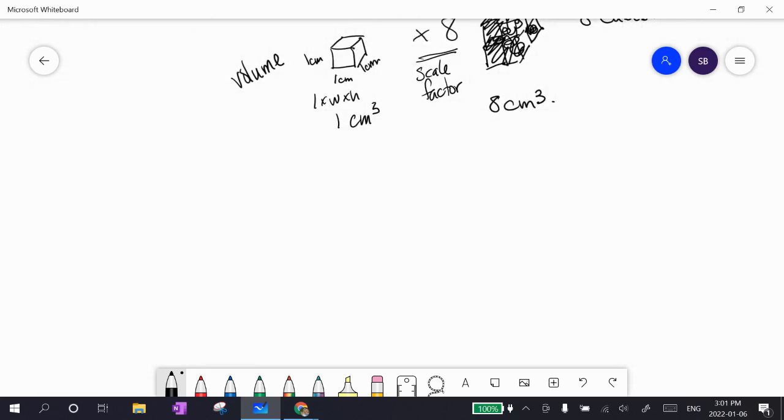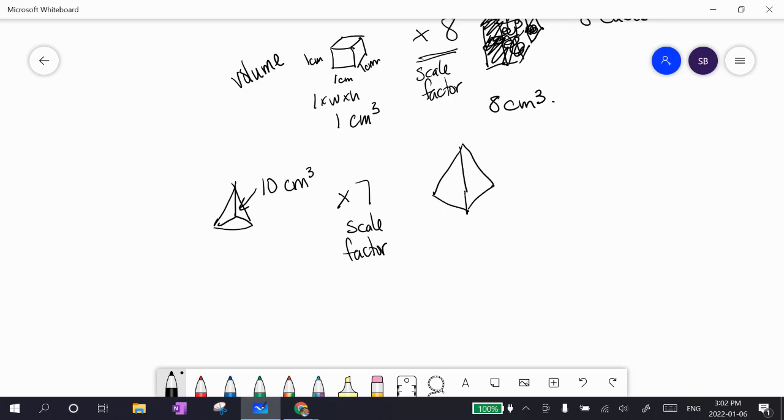So let's say I have a triangular prism, and inside there is 10 centimeters cubed. And I have a scale factor of 7. Then my new prism is going to have 70 centimeters cubed. That's it.